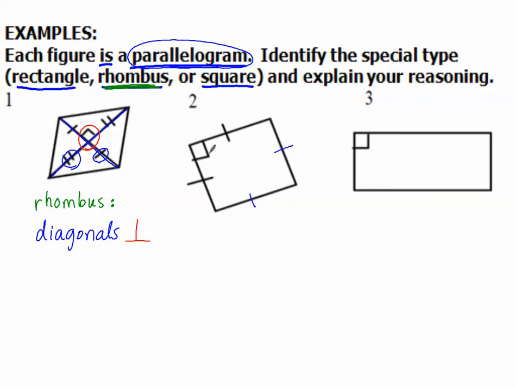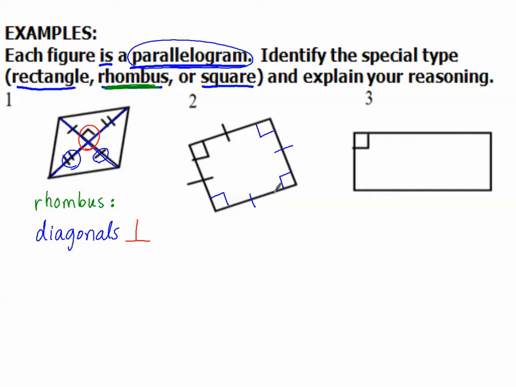Similarly, if this is a right angle, across from it should be the same size angle, right? Opposite angles are congruent in a parallelogram. Then if the angles next to each other are supposed to add up to 180 and this one's 90, this one also should be 90. Similarly, this one will be 90. So because it's a parallelogram, I was able to fill in all of those things.